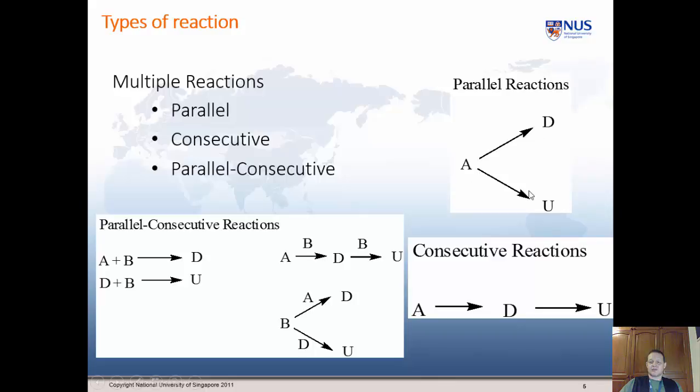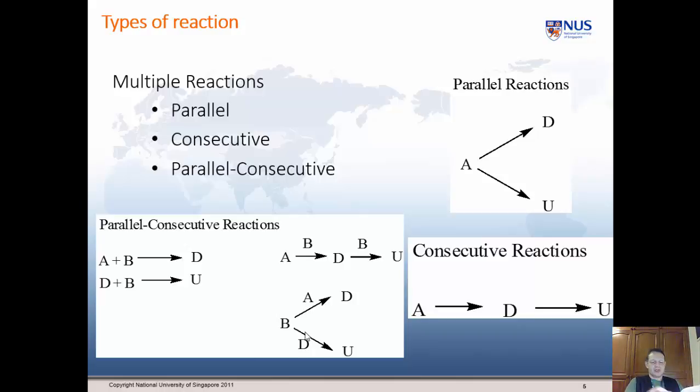There you go: A going to D or A going to U. Consecutive reactions, there's one of the examples I just gave you, and parallel consecutive, which is a bit of a devil's brew or witch's brew, that there are many different forms. Why is this important? Because the form of the reaction will determine what, as a kineticist, you observe. That's why it's important.